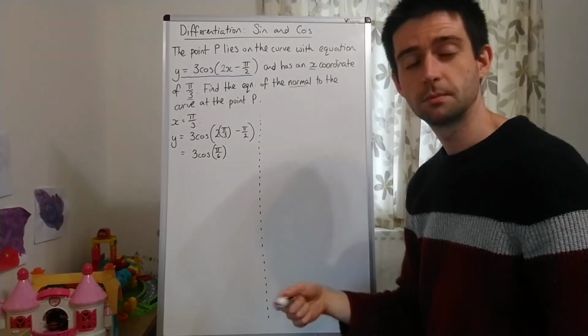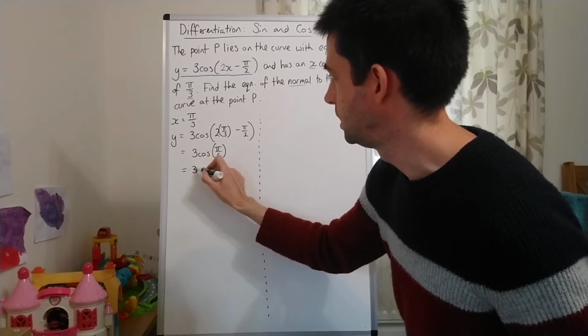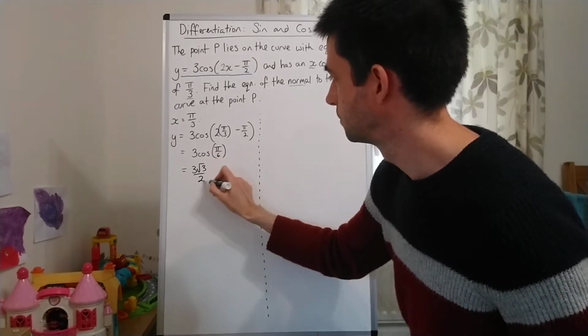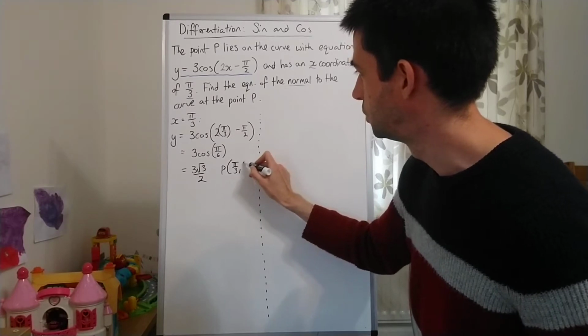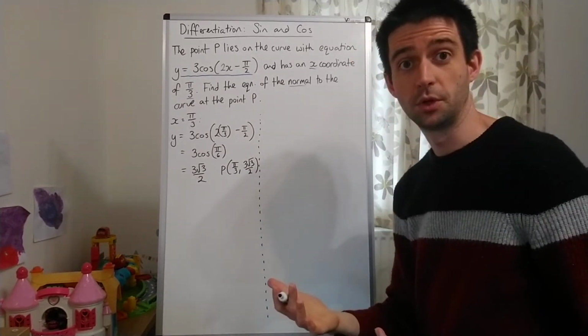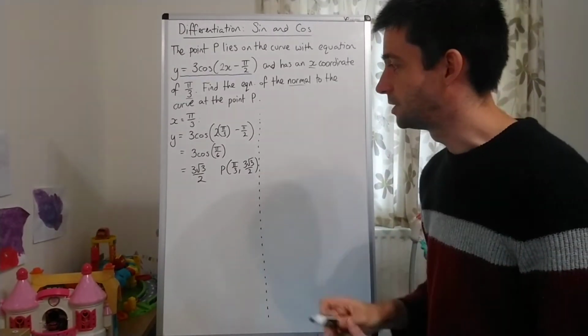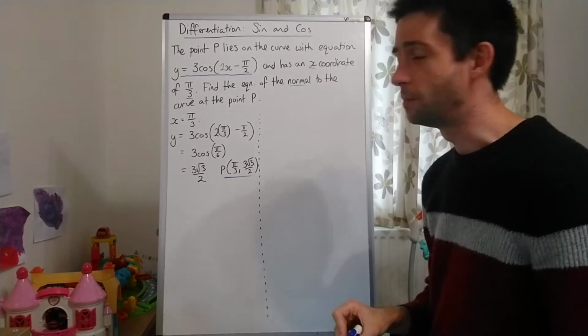Cos of pi over 6 is root 3 over 2, so it is 3 root 3 over 2, which means that my point P, where I'm finding the normal, is pi over 3, the x coordinate that I was given, and 3 root 3 over 2 for y. So that is my point P.